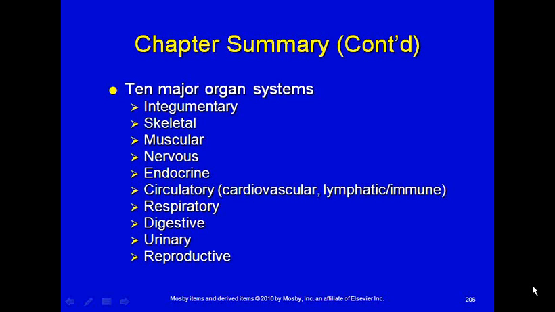As we go through the program, and as we have additional lectures, we will review the anatomy and physiology of each of these systems. So when we start in the medical portion of the program, and we're talking about the cardiovascular system, we'll review the anatomy and physiology again.